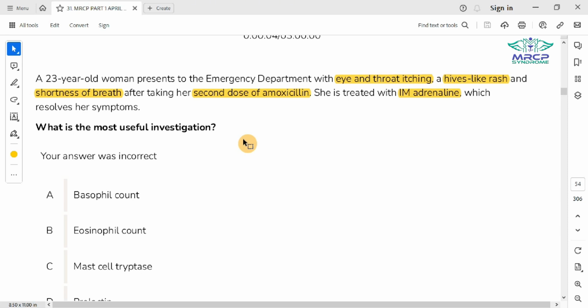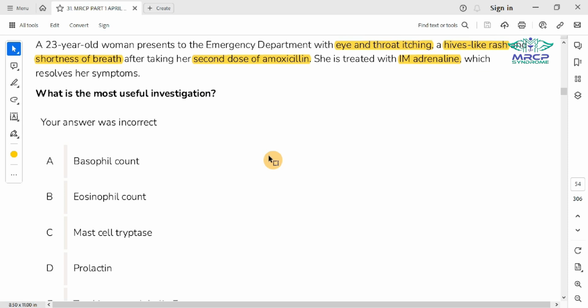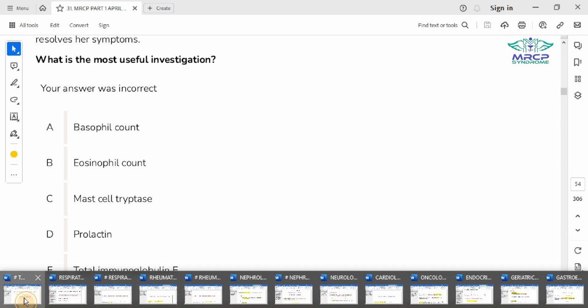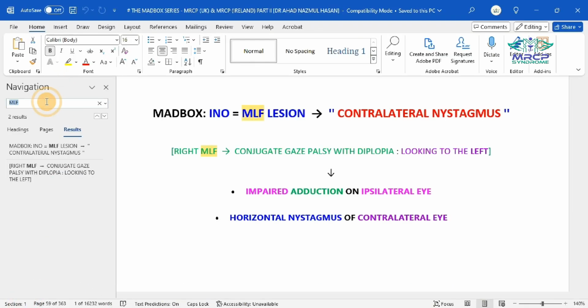So what is the most useful investigation? So diagnosis. Anaphylaxis. Yes, this is the anaphylactic reaction. So in case of anaphylaxis or anaphylactic reaction, what should be the most useful investigation? Mast cell tryptase. So we'll be going for the mast cell tryptase.